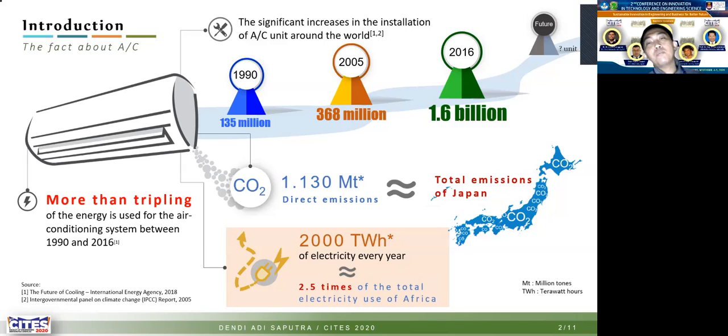More than 1,000 million tons, similar to the total emission of Japan, have resulted, and around 2,000 terawatt hours of electricity were consumed when operating the air conditioning system, or 2.5 times the total electricity use of Africa.